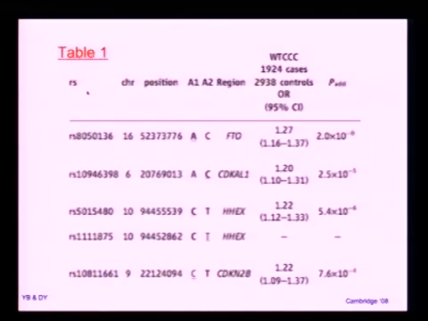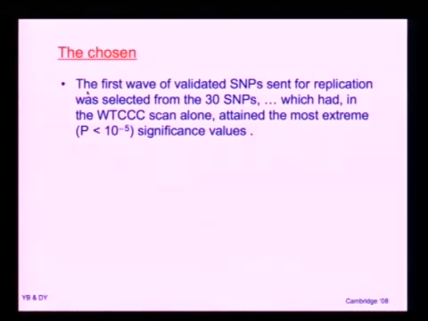So in order to see something, let me get into this one and look at the results. So you see for these 11 SNPs that are presented, information about the SNP, the region, and so on, 95% confidence interval, and then p-value for the association, 10 to the minus 8, 10 to the minus 5, 10 to the minus 6, 10 to the minus 4. Okay, so these are the results presented.